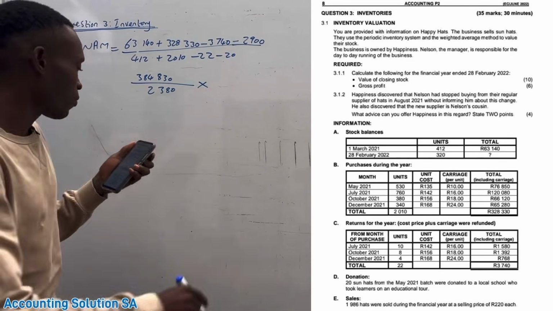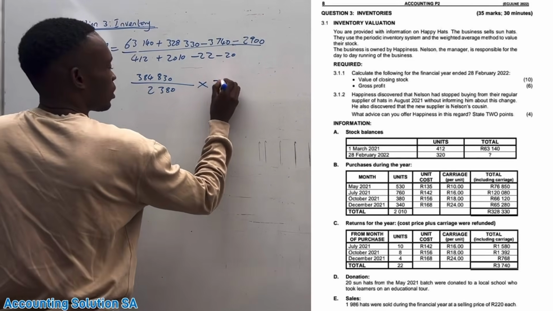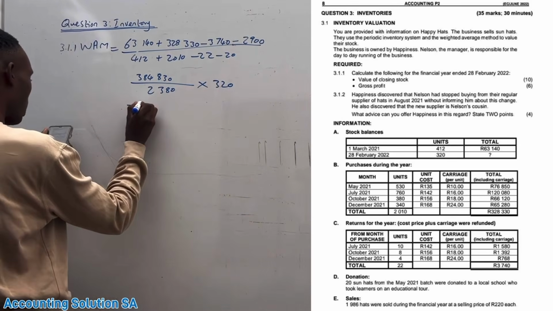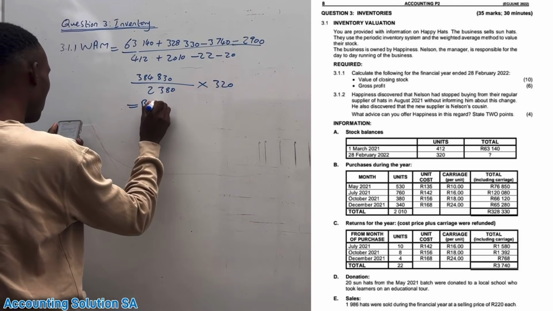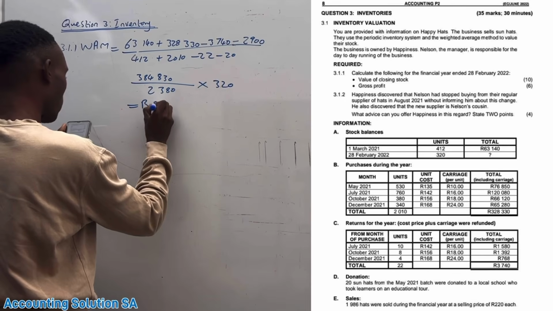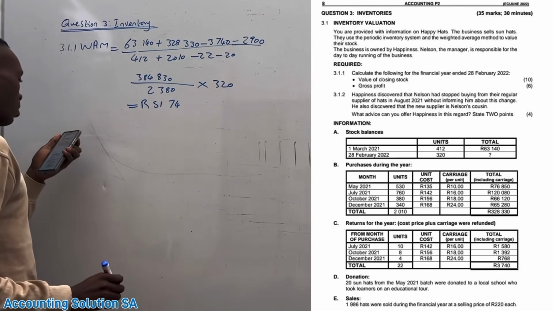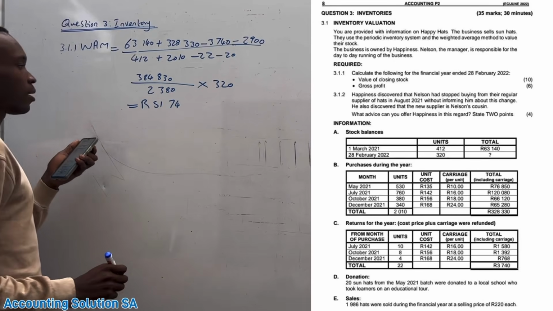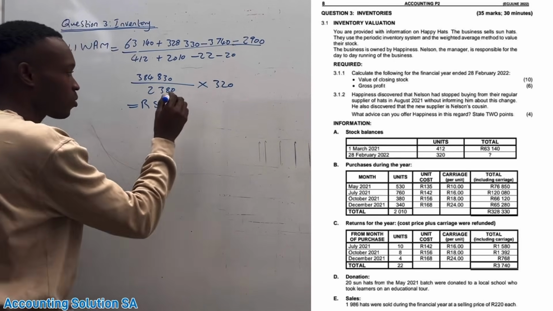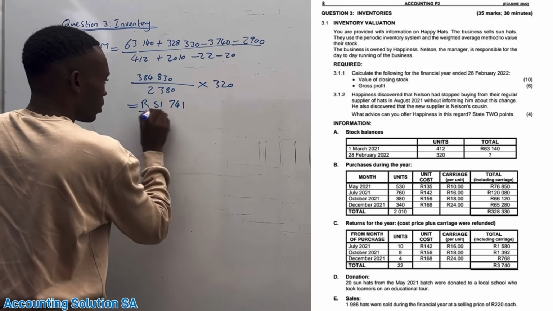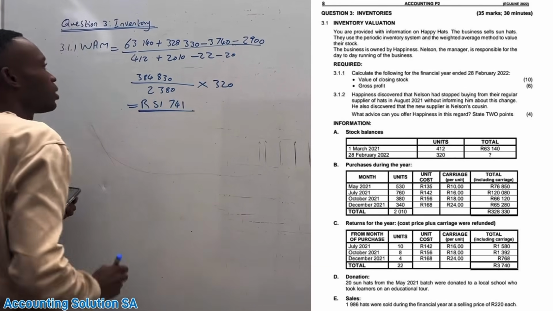Closing stock, we have 320 units. Then now we can get our total of 51,740.8, which we can round and say 41. This is our closing stock.